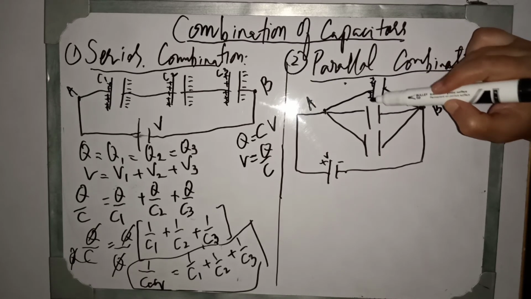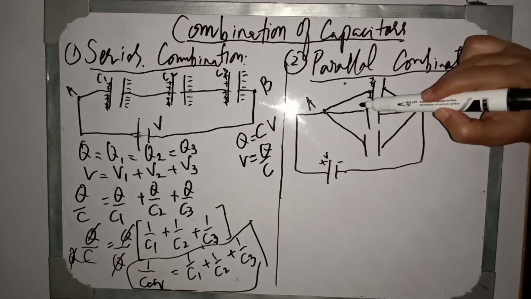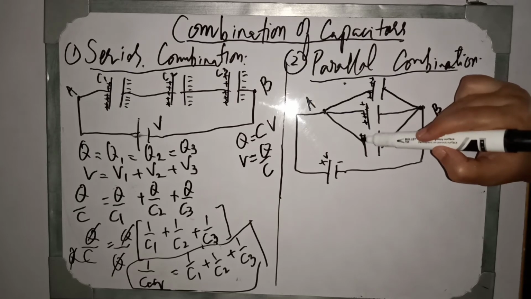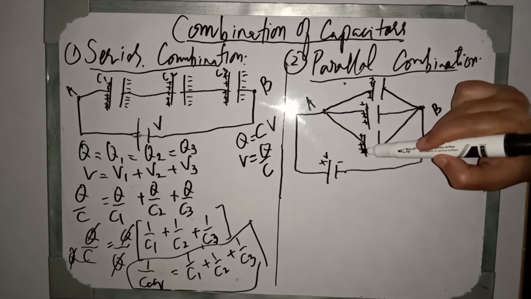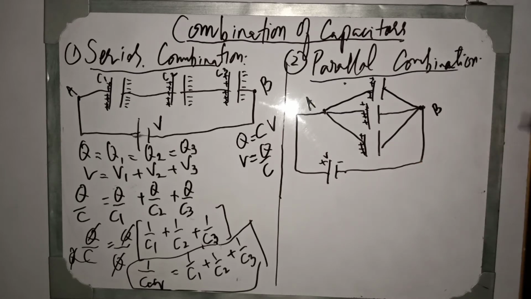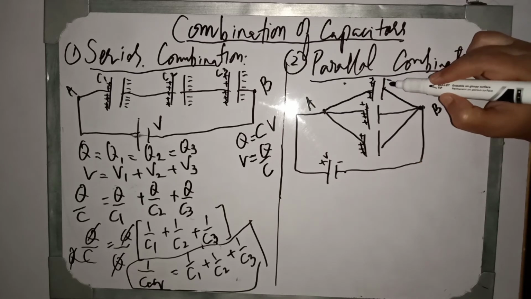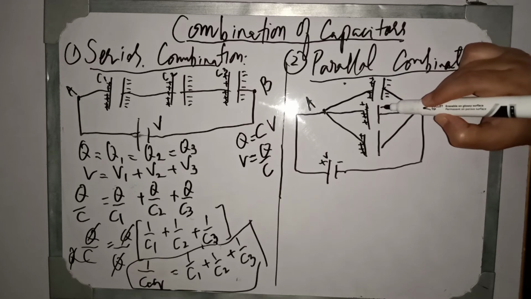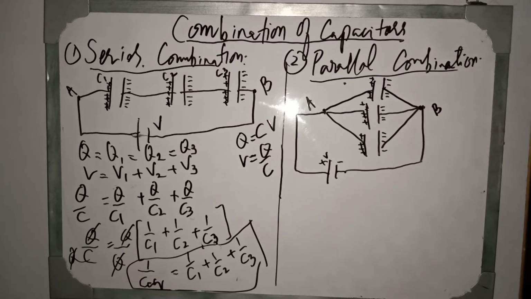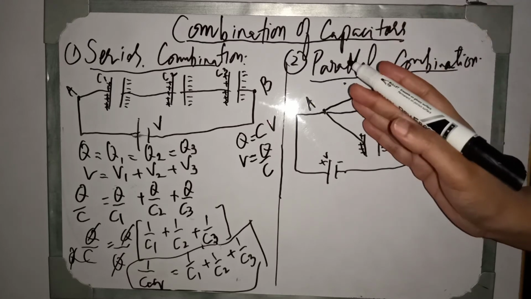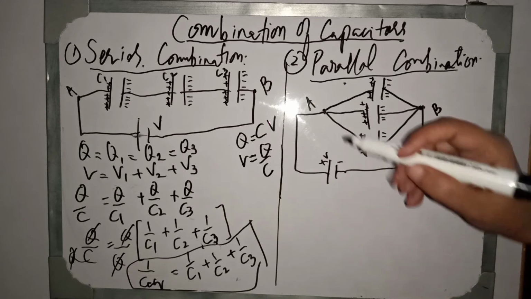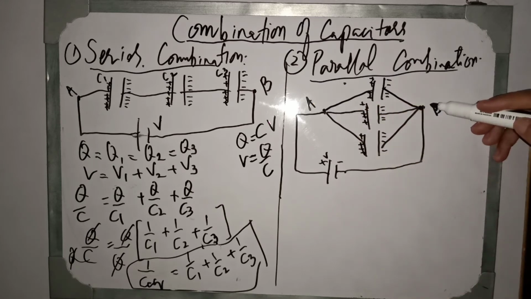This one will be positive, this one will be positive, and this third plate will also get positive charge on the left side. Whereas if this terminal is negative, all the right hand side plates will get negative charge, like this one, and this one. In this way, all the plates on the left hand side will get positive charge and all the plates on the right hand side will get negative charge. This is point A and this is point B.